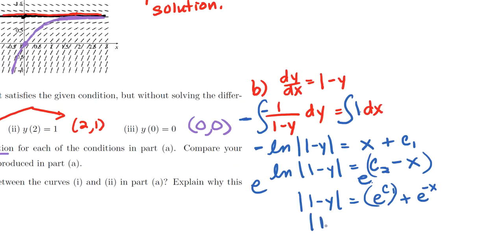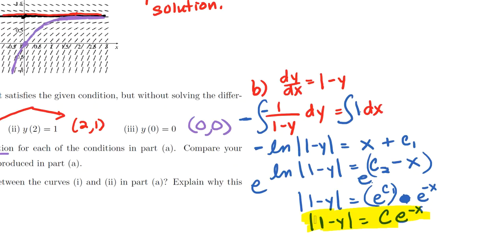So you can skip right to, oops, did I want this to be a multiply? Sorry. When do you add or subtract the exponents? When you're multiplying. That was kind of a bad mistake there. So c times e to the negative x. And so this is our general solution here.